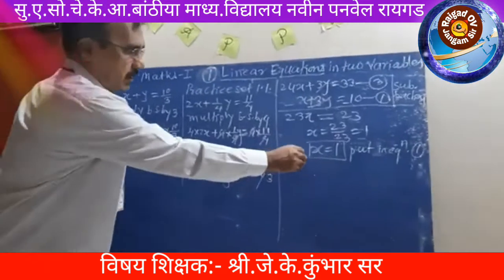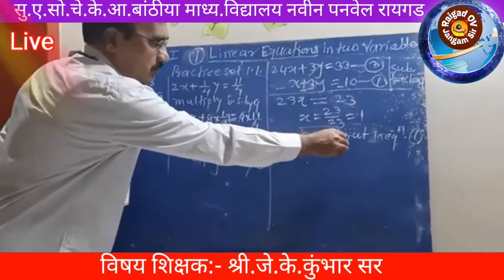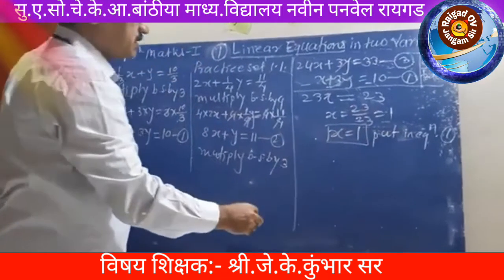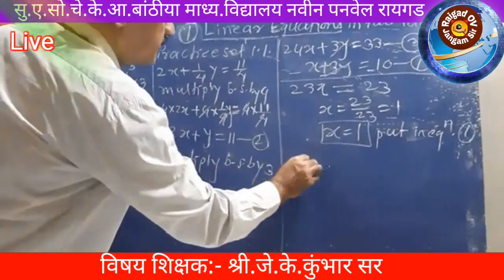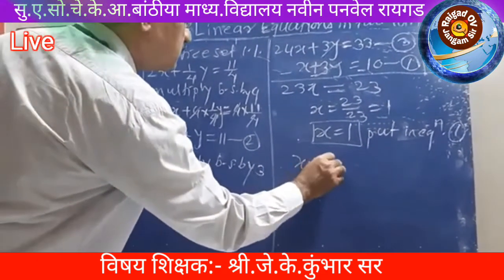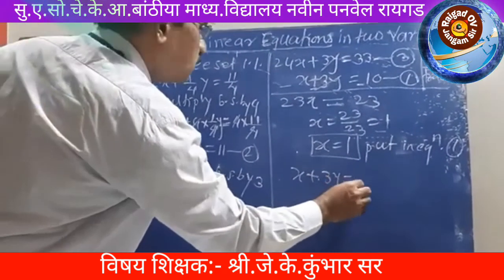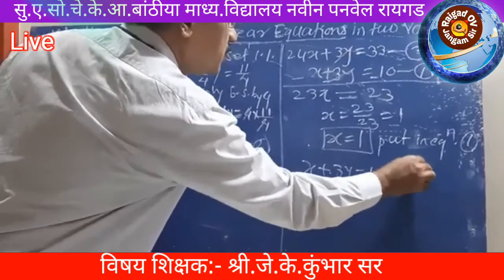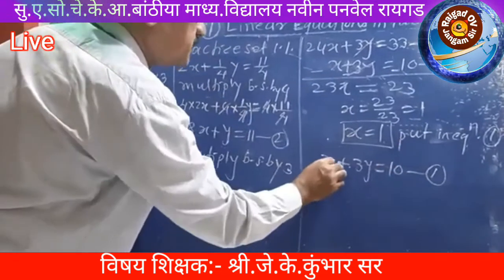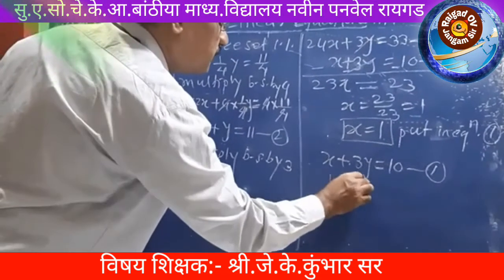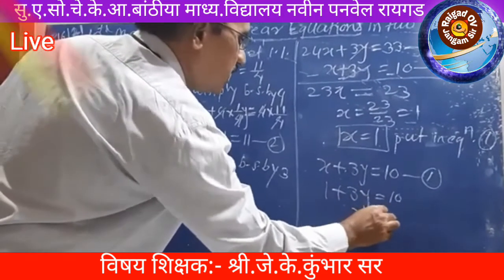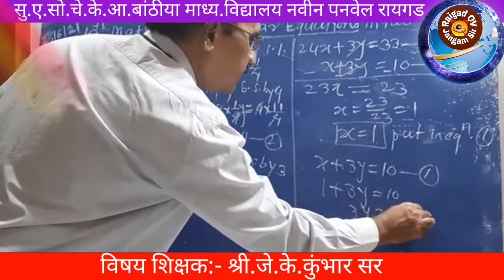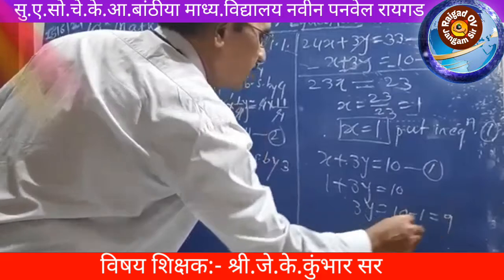Now here x is equal to 1. Put it in equation 1. Which is equation 1? This one: x plus 3y is equal to 10. x is equal to 1. Replace x by 1: 1 plus 3y is equal to 10. 3y is equal to 10 minus 1, which is 9.